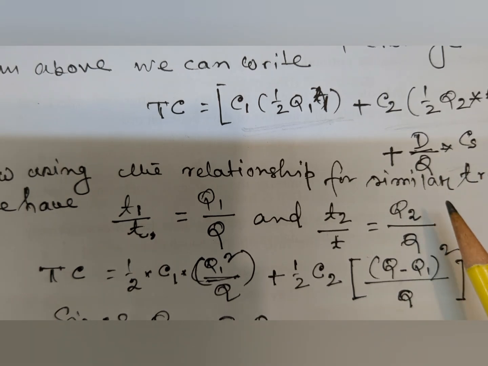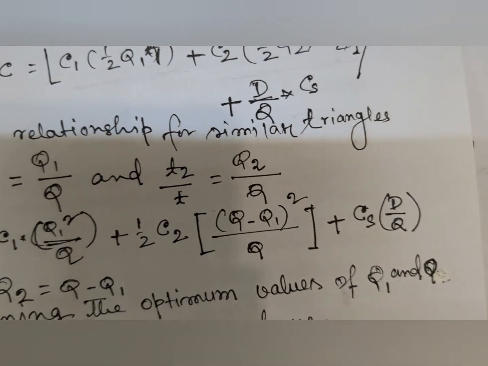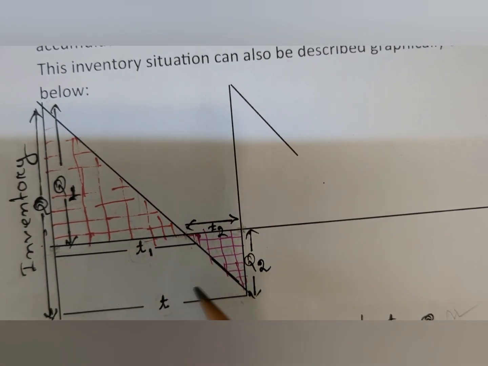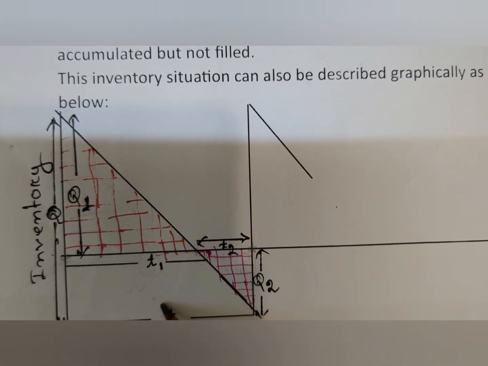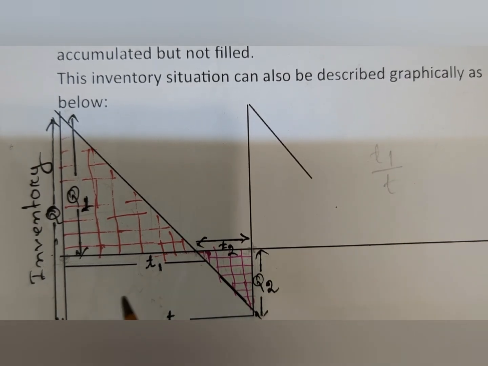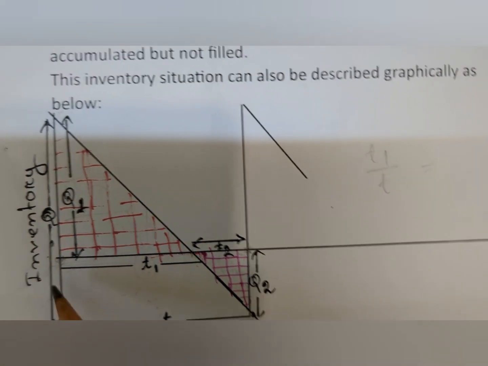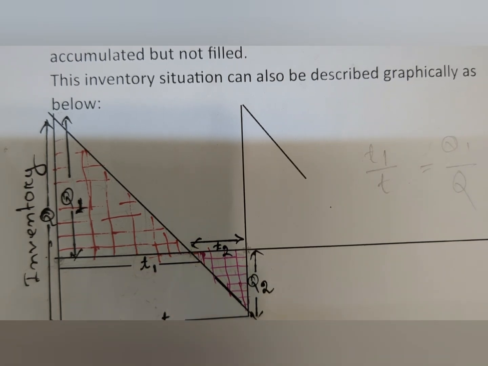Now, using the relationship from similar triangles, you see this triangle and this triangle are similar. That's why we can write T1 by T is equal to Q1 by Q, from the properties of similar triangles. Again, this triangle and the whole triangle are also similar.